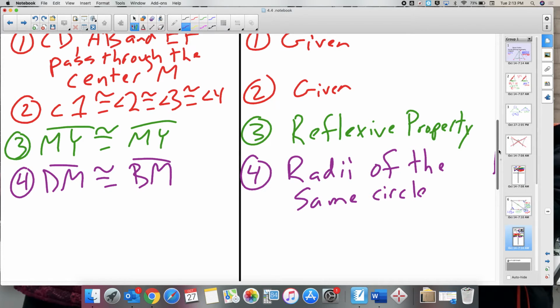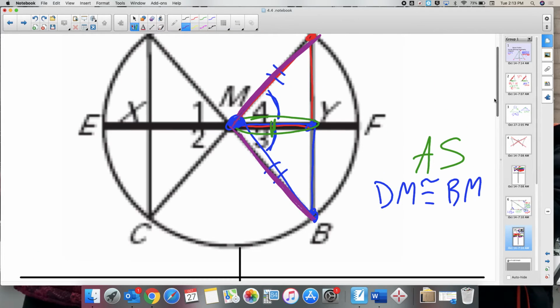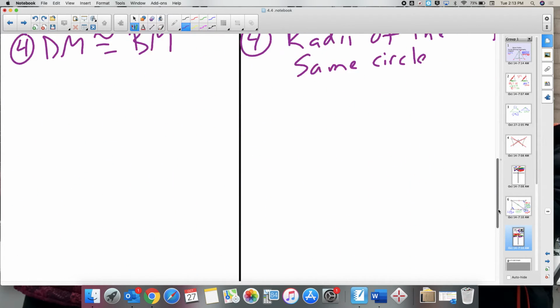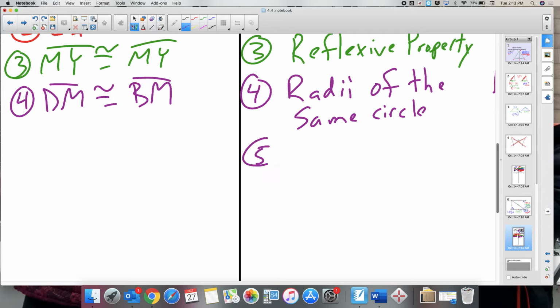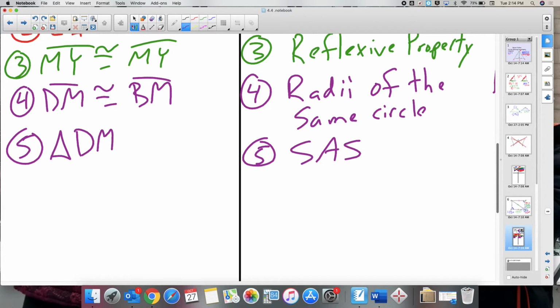If I look at my markings then, we now have side, angle, side. So these two triangles are going to be congruent because of side, angle, side. That was triangle DMY is congruent to triangle BMY. And that's what SAS is going to look like.